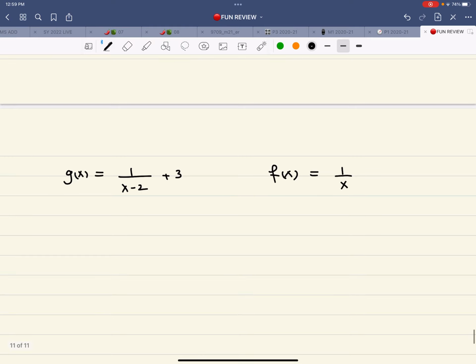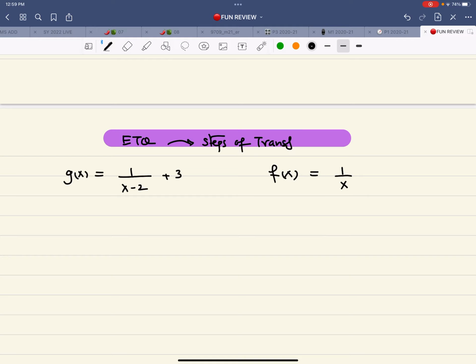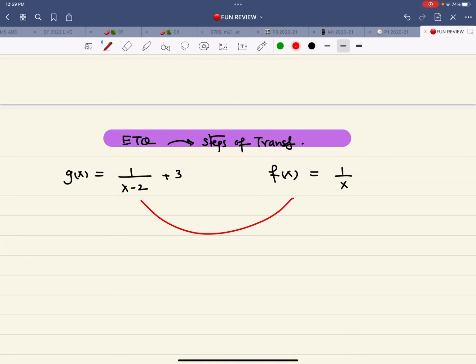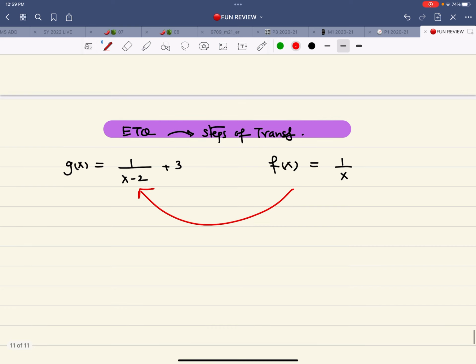And let me make this into a proper exam type question about steps of transformation. The examiner would say, write down 2 transformations that will change f(x) into g(x). Now think.